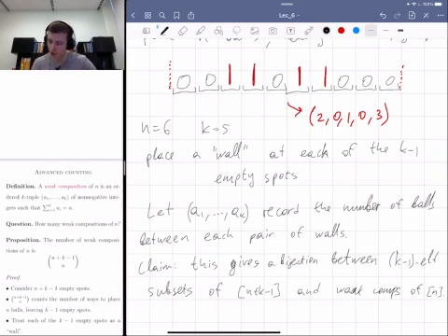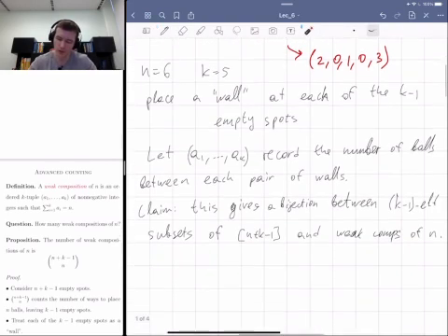Well, sorry, of just n. There is no bracket n here. The claim is very easy to see: if I only show you a composition, then it tells you exactly what to do.